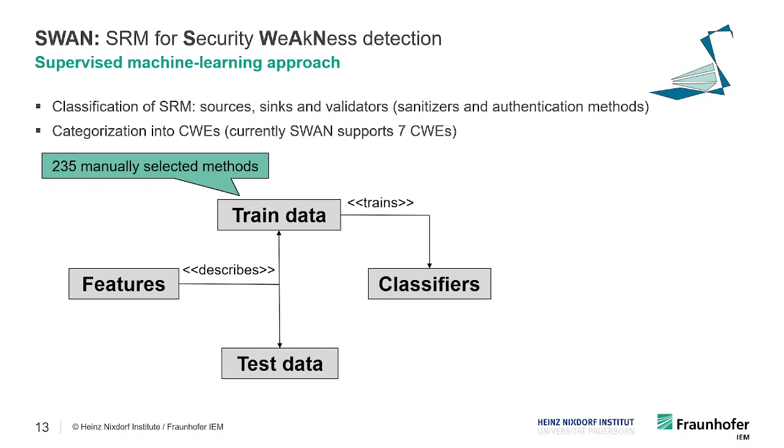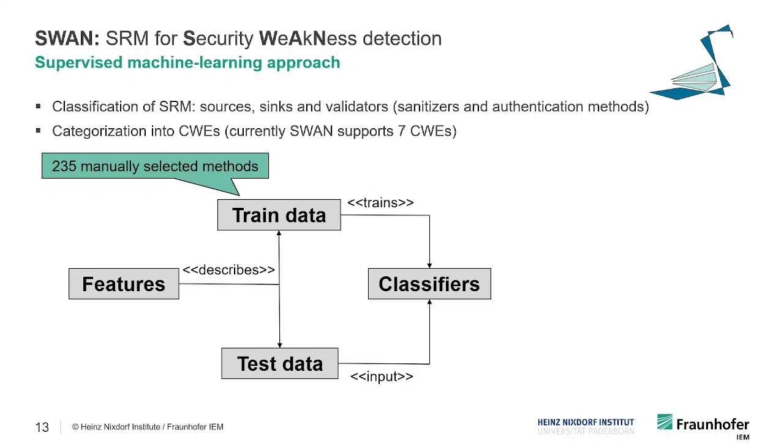So, and then once we have the classifiers, SWAN, we can run SWAN on any input, and this is our test data. So SWAN will get as input, technically speaking, a jar file, for example, of your application, and we are using actually Soot to load these jar files and to calculate the features and to create the classifiers, and then to run the classifiers on the test data.